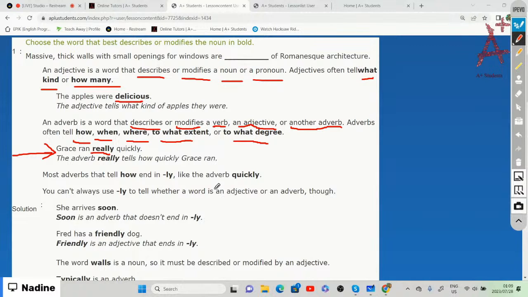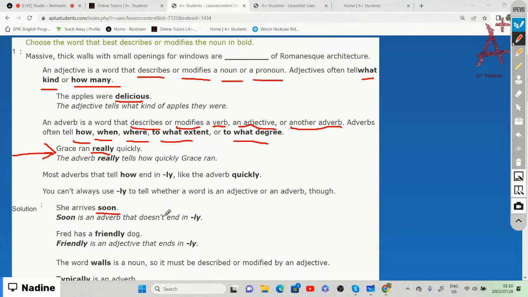If we now look at the next example, "She arrives soon." Soon is our adverb, and as you can see, soon does not end in ly. But if you ask yourself, when will she be arriving? She will be arriving soon.